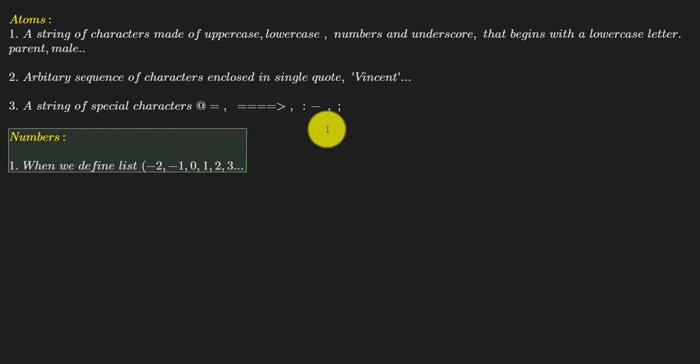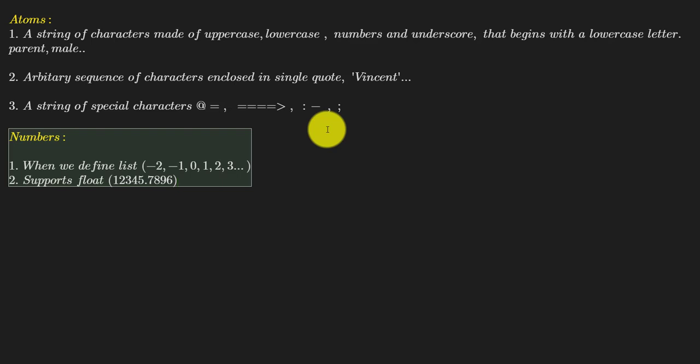Generally most Prolog systems support floating point numbers as well, like 12345.7896. So there is not much to talk about numbers in Prolog.